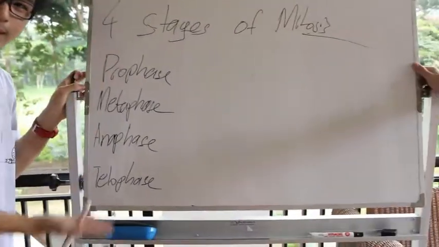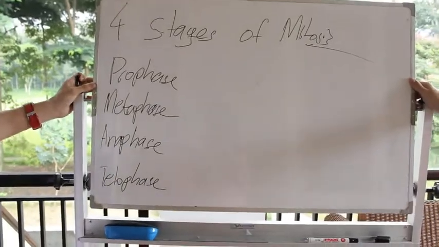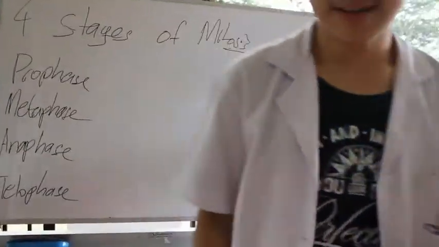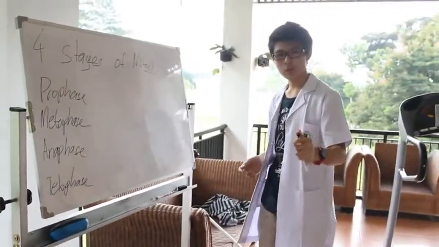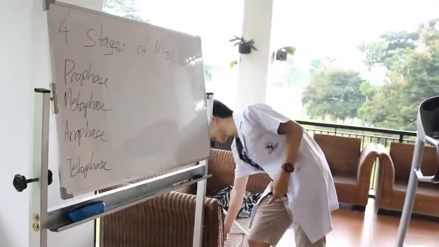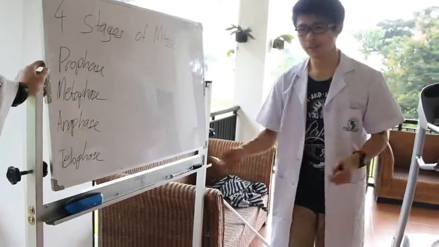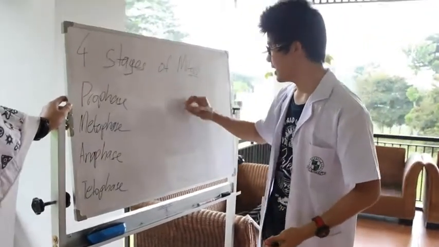Mitosis is divided into these 4 stages. But in order to better memorize them, we are going to use some sort of easy remembering stuff. So it's PMAT.